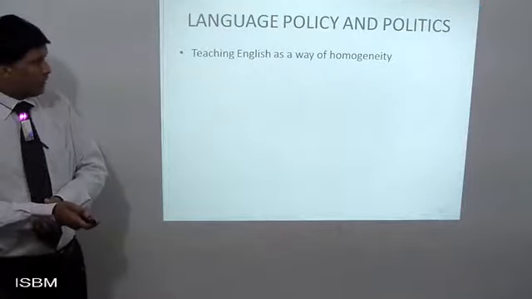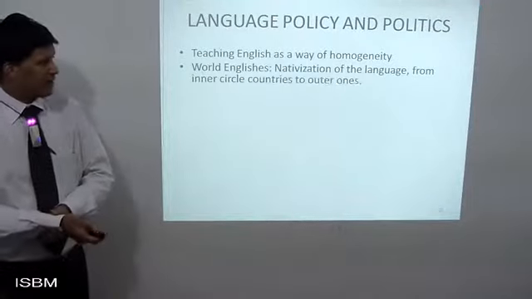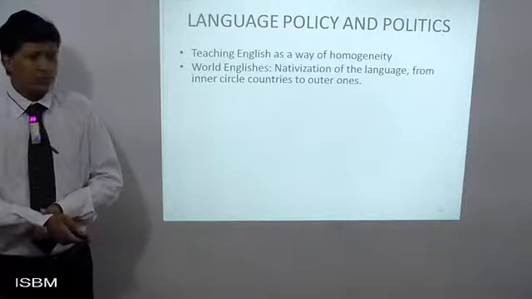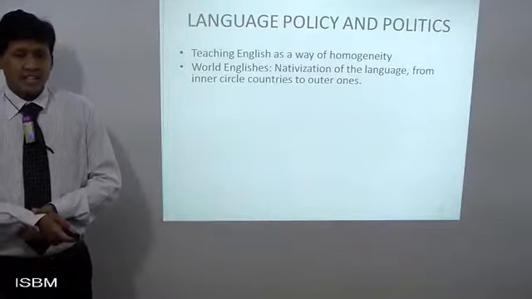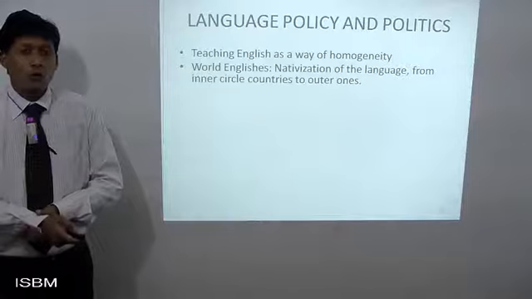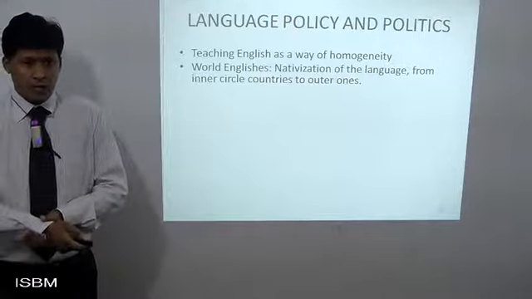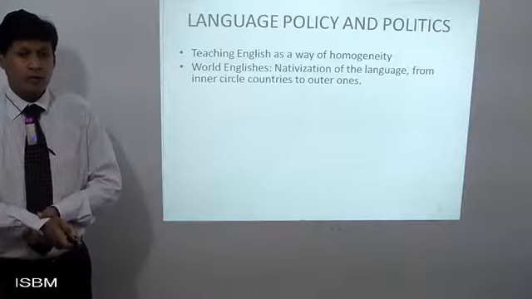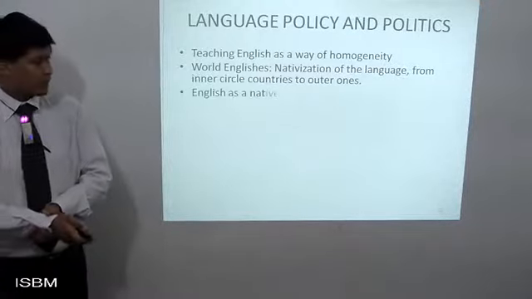The word Englishes, for example, refers to the navigation of the language from the inner circle countries to outer ones. If you see, English as a language has outgrown in the last 50 years or so. Earlier restricted only to metro towns, it has now dissipated to even rural areas and tier 1, tier 2 and tier 3 cities as well.